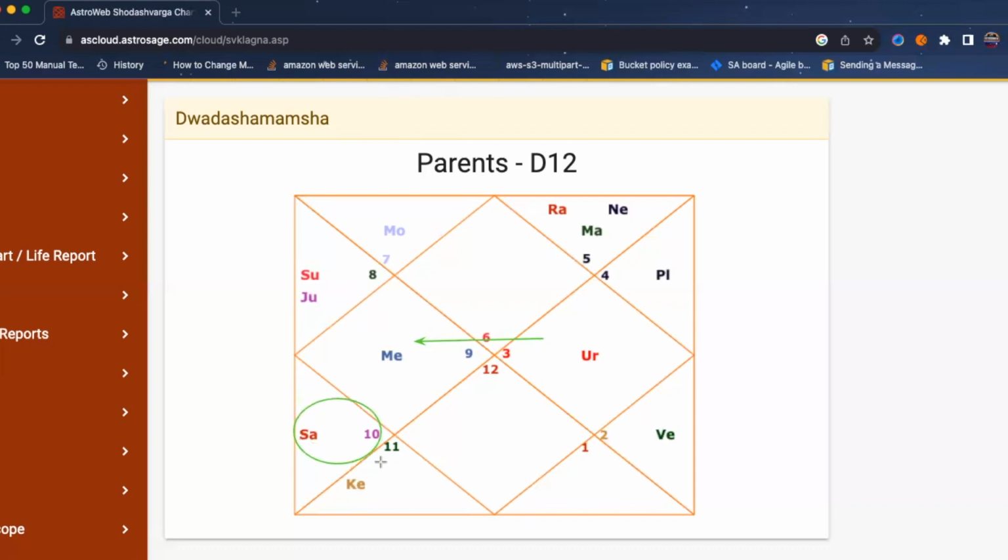As I already told you, grandparents is the 5th house and 5th house represents Purva Punya. 5th house also represents creativity and those kinds of things. So her parents' karma is basically mainly based on creativity. That's why Saturn in the 5th house in its own sign without any malefic aspect beautifully shows the creativity, the film things and everything.